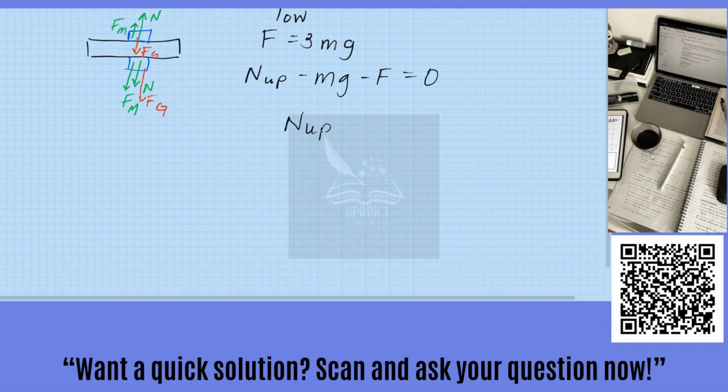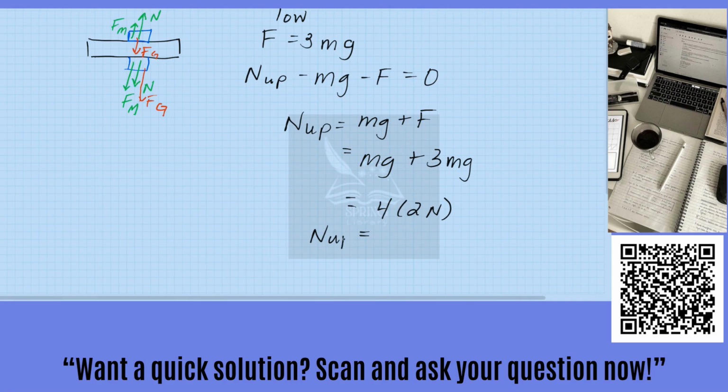So you have the normal force is equal to the weight plus the force, which is equal to the weight plus 3 times the weight. So that's 4 mg. So that's 4 times 2 newtons. So the normal force pointing up is 8 newtons.